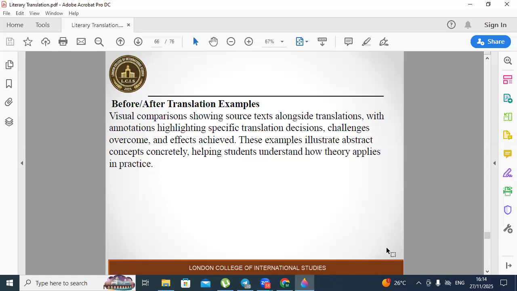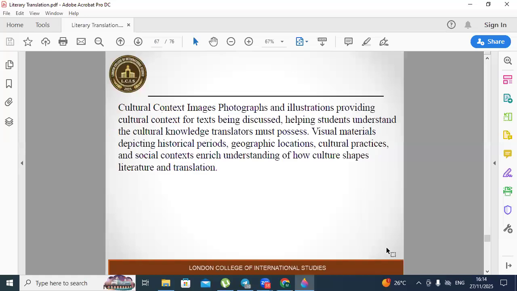Now let's go to cultural context images. Photographs and illustrations providing cultural context for texts being discussed, helping students understand the cultural knowledge translators must possess. Visual materials depicting historical periods, geographical locations, cultural practices, and social contexts enrich understanding of how culture shapes literature and translation.